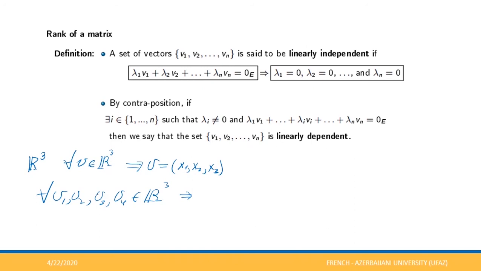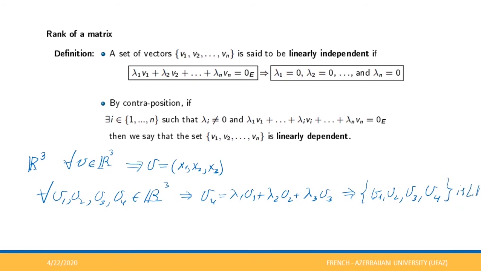For example, v4 can be written as lambda 1 v1 plus lambda 2 v2 plus lambda 3 v3. Because of this, the set of v1, v2, v3, v4 is linearly dependent.